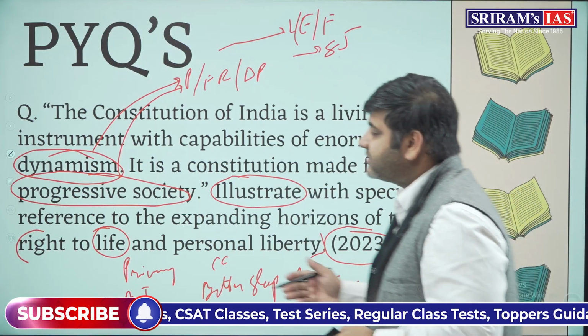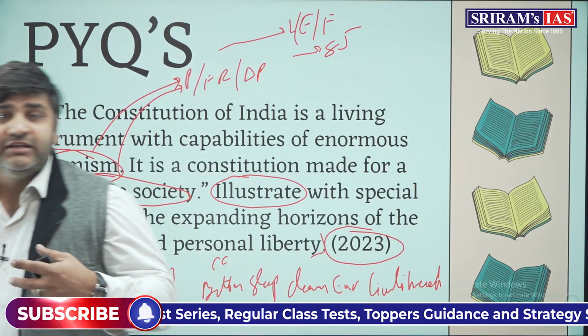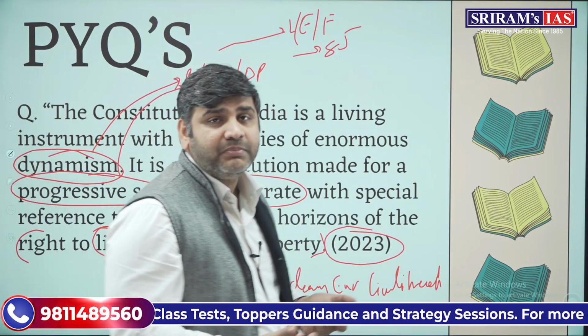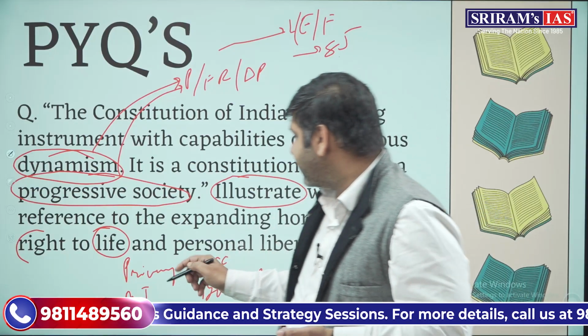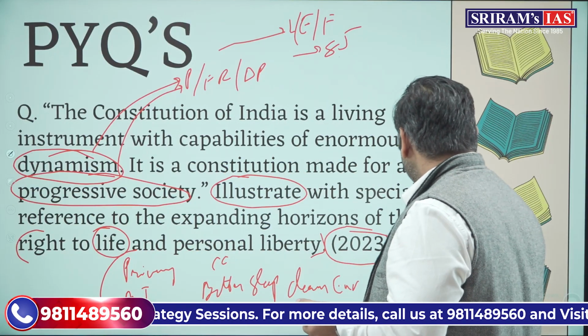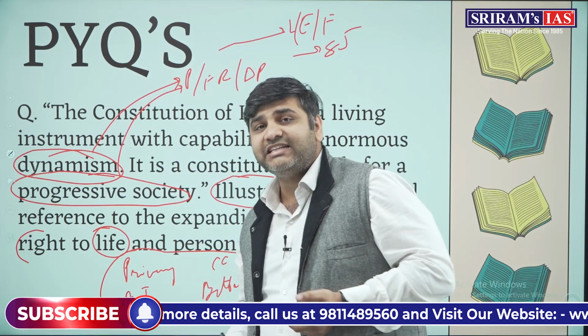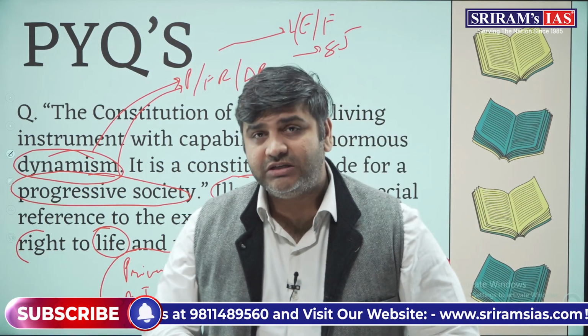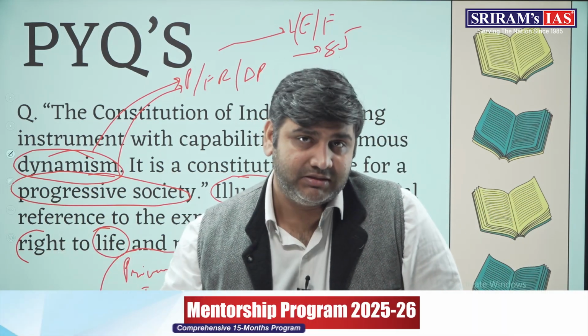There are many things which are covered under the definition of right to life and personal liberty, and all these things have been done thanks to the judiciary and the Supreme Court, which has expanded the interpretation of Article 21, right to life and personal liberty.